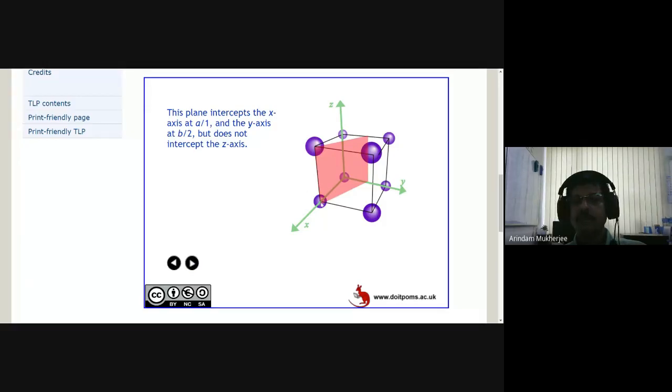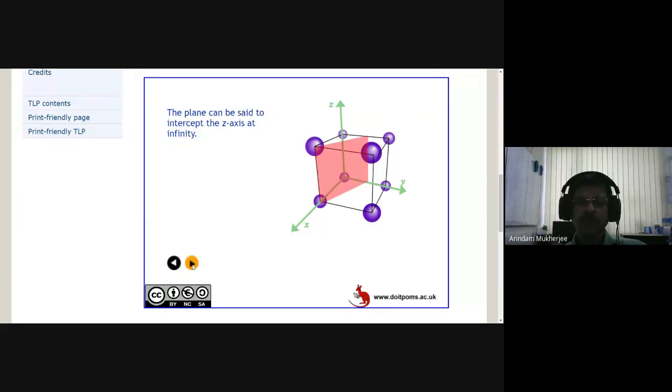Now I have x axis, that means a is 1, b is half, and c, it will never intercept, it's infinity. So if I take the reciprocals of the intercepts, I will get an index of 1 for x, and the k index will be 2. But what do we do with the L? It's infinity.